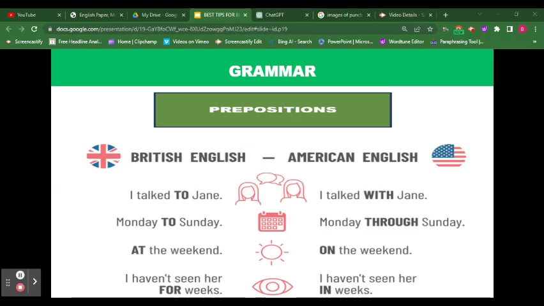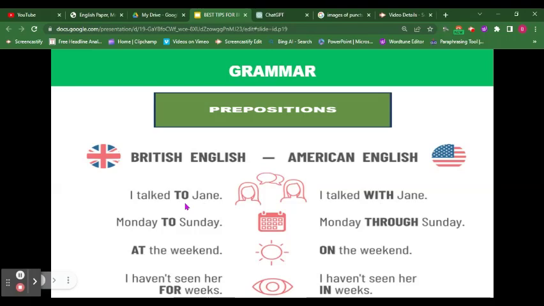Differences are seen in British versus American English, okay? So let's look at a few examples. We want to begin with the preposition to versus the preposition with.